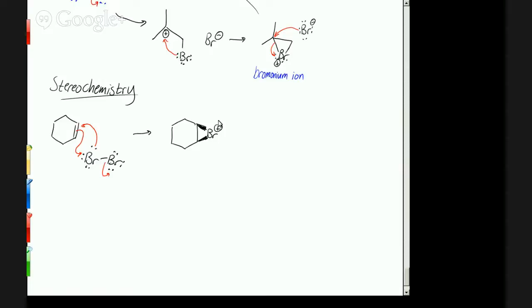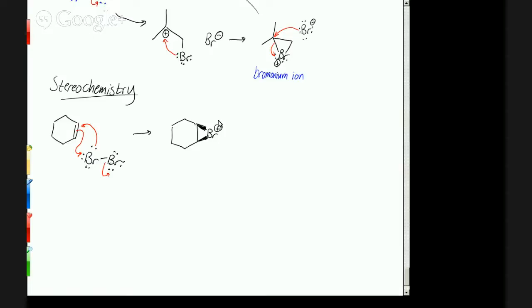The result of that is that you end up with the trans stereoisomers. See that? One ends up forward and one ends up back. Now, it doesn't have to be that one that's back and that one that's forward. I could have put the back one on the bottom and the other one on the top. But one has to be on the top and one has to be on the bottom, if we look at it that way. Or dash and wedge is another way we talk about it.